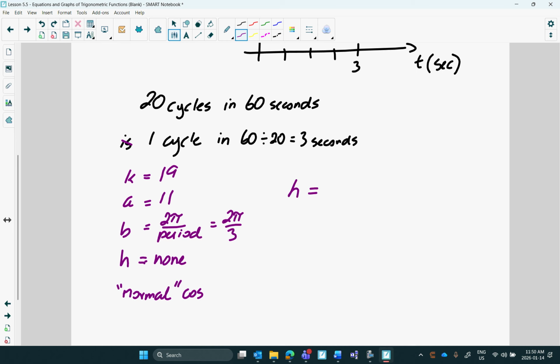Then what? 11 cos 2 pi over 3 t. Yeah, you can put parentheses. You don't need them, but you can put plus 19. Good. So that answers A.